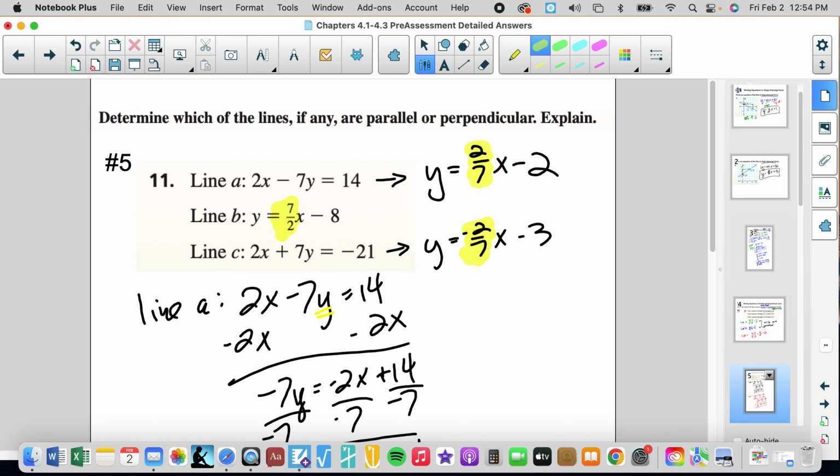So it's either going to be C with B or C with A. So if we're talking about C, the opposite of negative 2/7 is positive, and the reciprocal of 2/7 is 7/2, so it's positive 7/2. So line B and C are going to be perpendicular to each other. And line A is some other intersecting line.